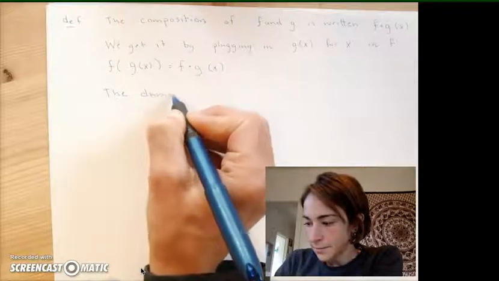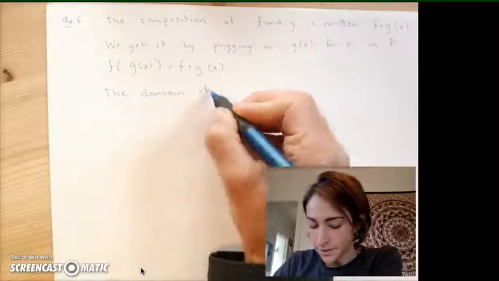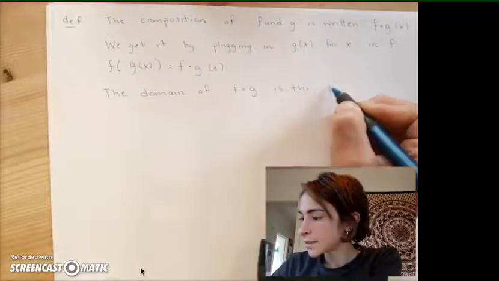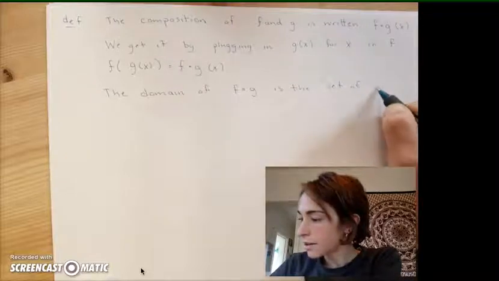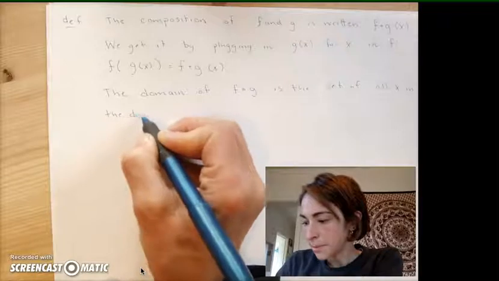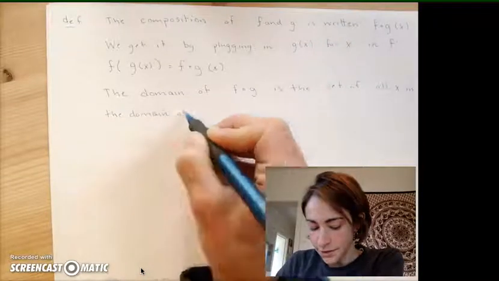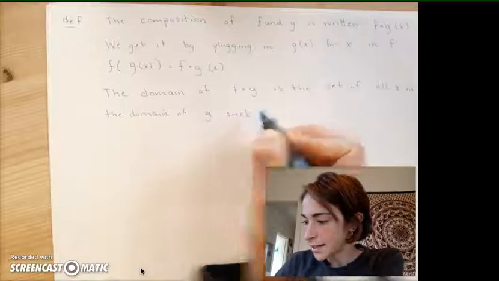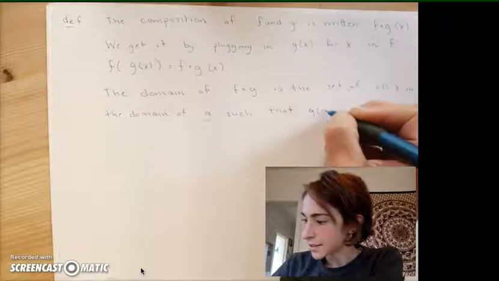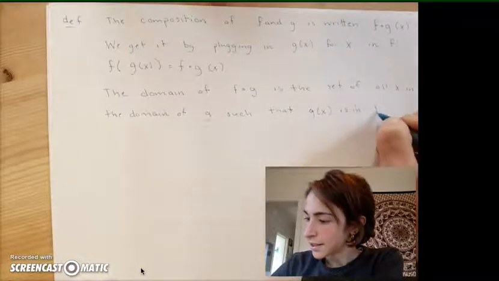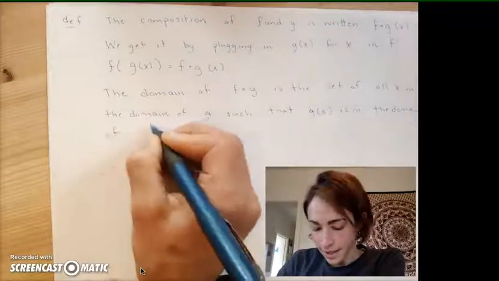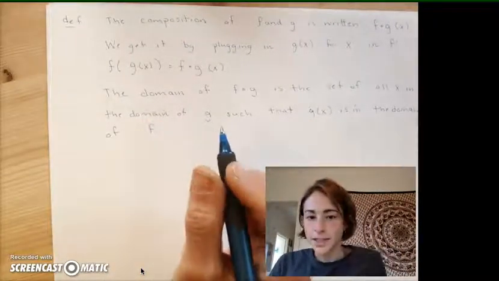The domain of f composed with g is the set of all x in the domain of g such that g of x is in the domain of f. So what does this mean?